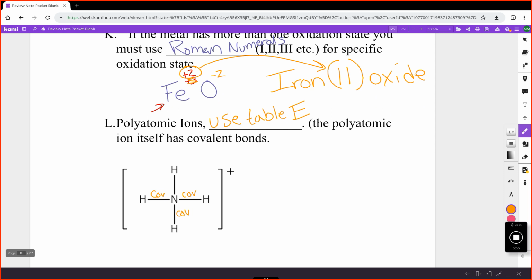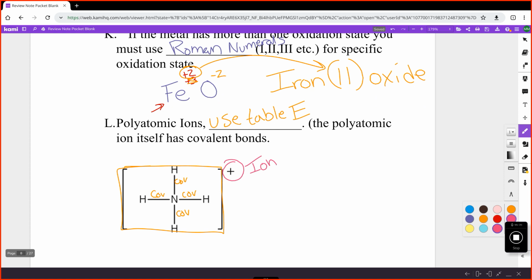This polyatomic ion is put together with shared electrons. And so it's covalent. Covalent bonds are not charged. But this particular configuration creates a covalently bonded molecule that has a charge and thus behaves like an ion.